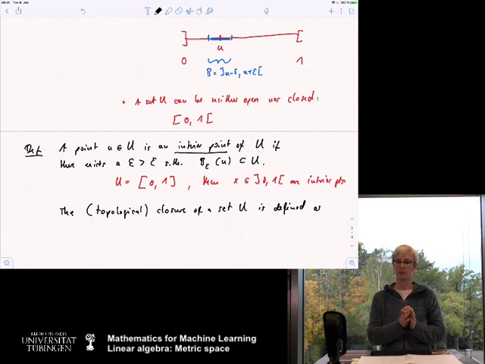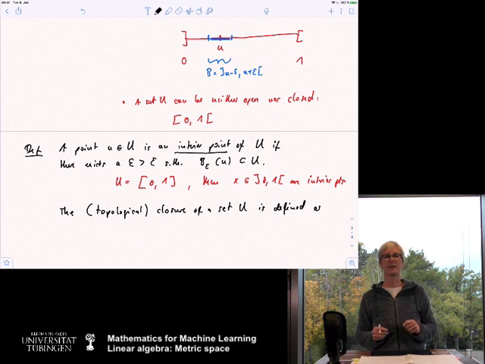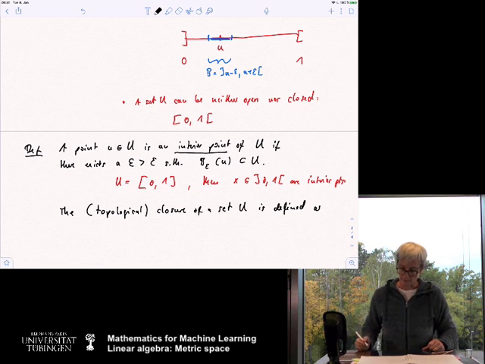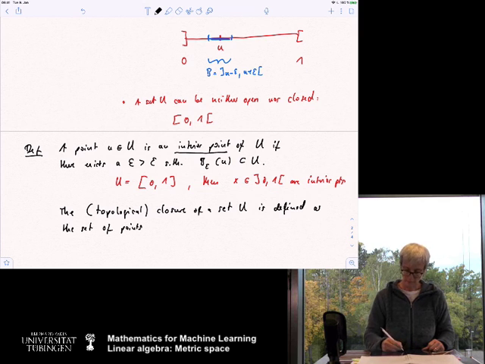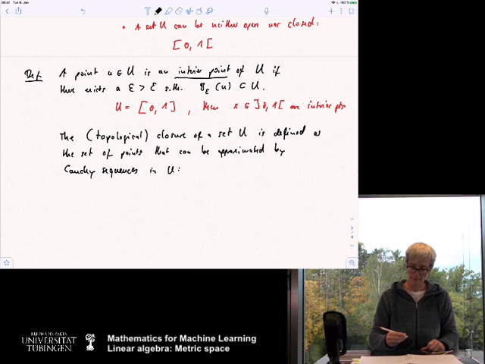We start with the set U, we look at all Cauchy sequences, and we add all limiting points to the set U. The set we then achieve is a closed set, and it is the smallest closed set that contains U. It is the set of points that can be approximated by Cauchy sequences in U.